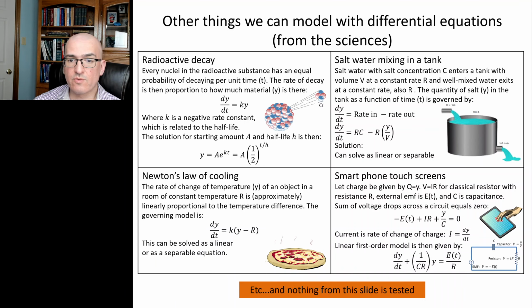If we were to use this as a test question, which we won't do, but in previous years it was done, different problems can be given with pizzas coming out of an oven, cookies coming out of an oven, and asking if you want the temperature to be a comfortable eating temperature, let's say 45 degrees Celsius, how long should you wait? So it comes out of the oven, and the cookie is going to be 85 degrees Celsius.